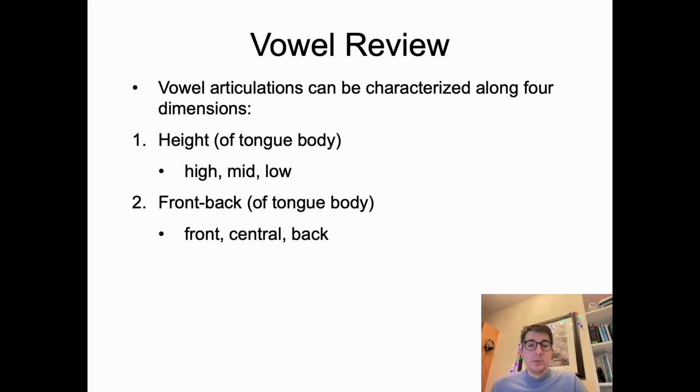Then the tongue moves forward in the mouth and back in the mouth. Forward for the front vowels such as i and I and e and E and typewriter a and ash, and backward for the back vowels such as u, o, a, and A. The vowels wedge and schwa are said to be central, although wedge can also be a little bit towards the back, so it depends on which vowel space you're talking about.